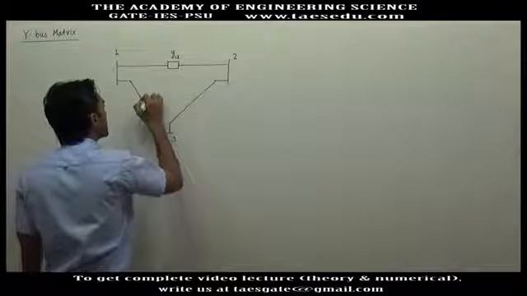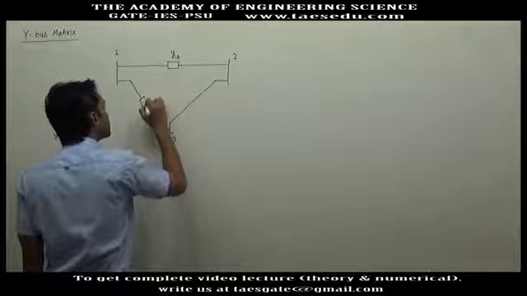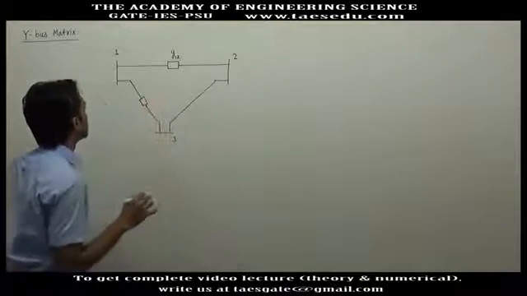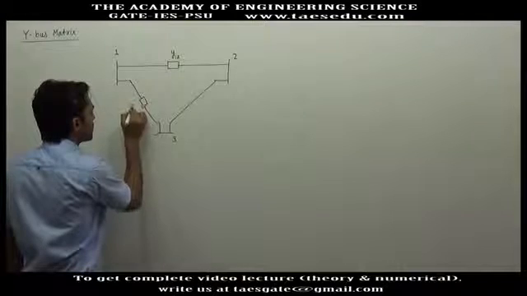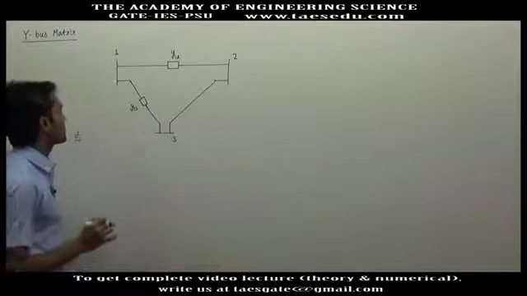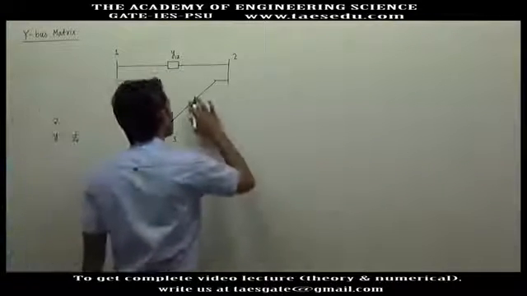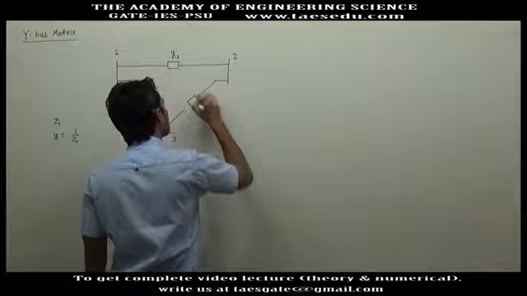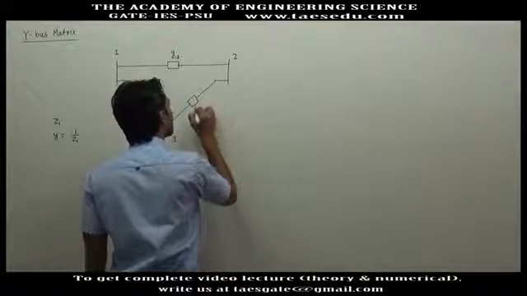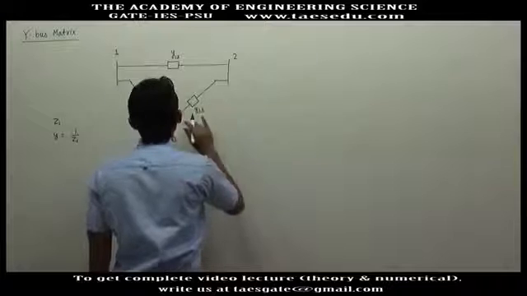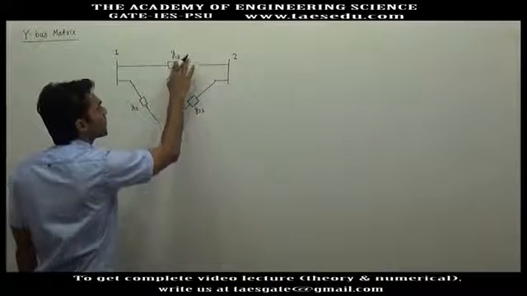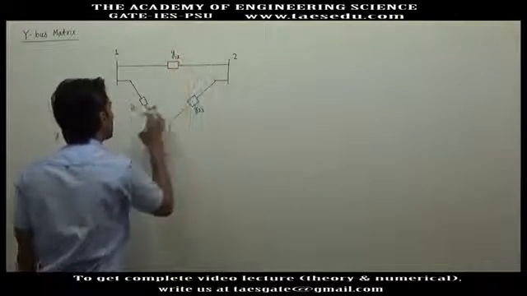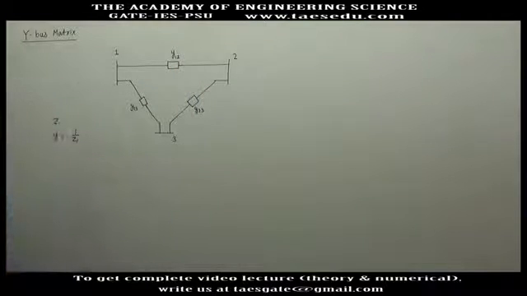Similarly, here we will have an admittance named Y13 because it connects bus 1 and 3. And here we will have Y23, which can also be called Y21, as Y21 and Y12 are the same.